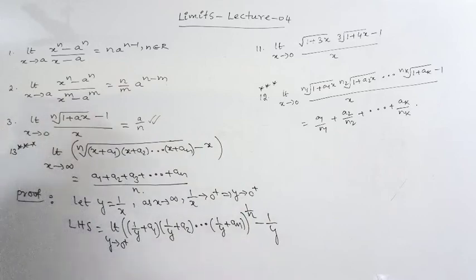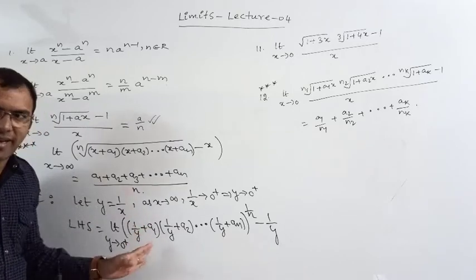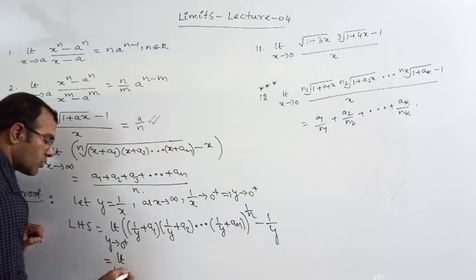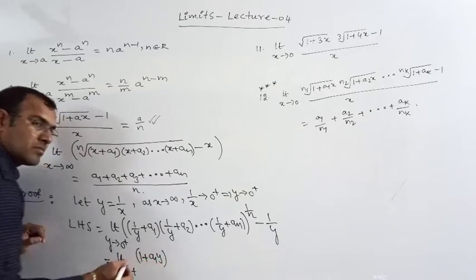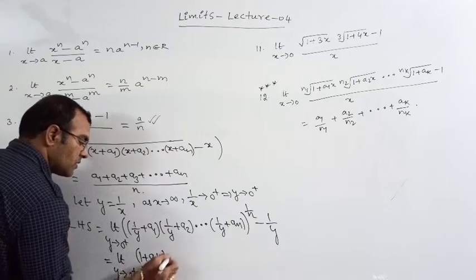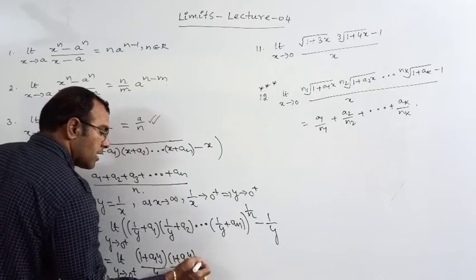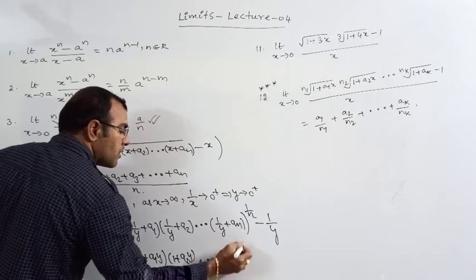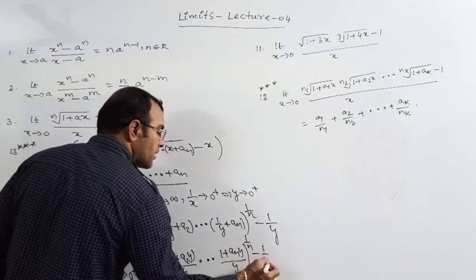Now you take LCM. I write one more step: limit y tends to 0 plus, 1 plus a1 y by y, 1 plus a2 y by y and so on, 1 plus an y by y, whole to the power of 1 by n, minus 1 by y.